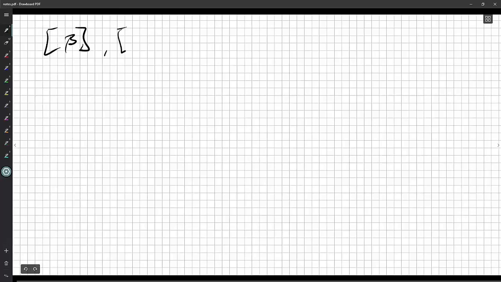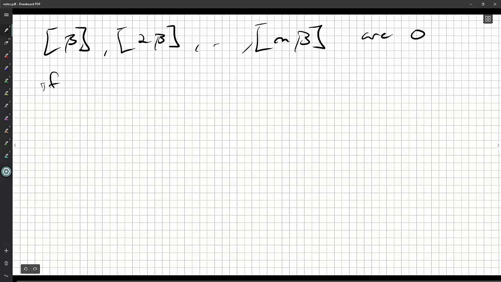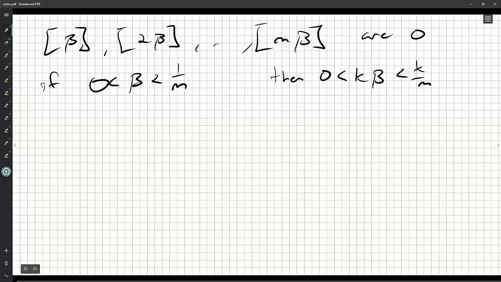So beta, 2 beta, all the way up to m beta are 0 if beta is between 0 and 1 over m. Since then k beta is between 0 and km, which is less than 1, well, less than or equal to 1, for all the k's between 1 and m.